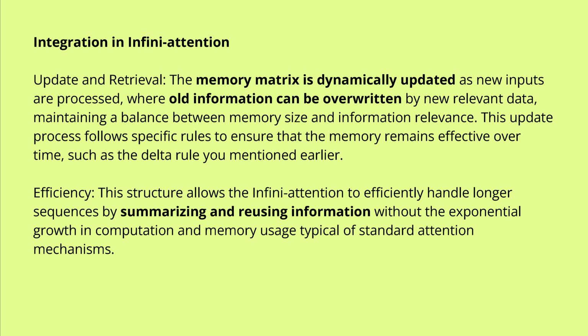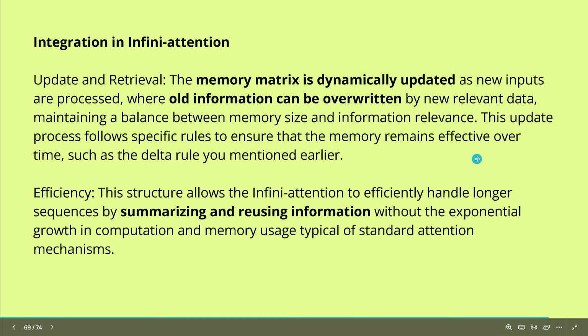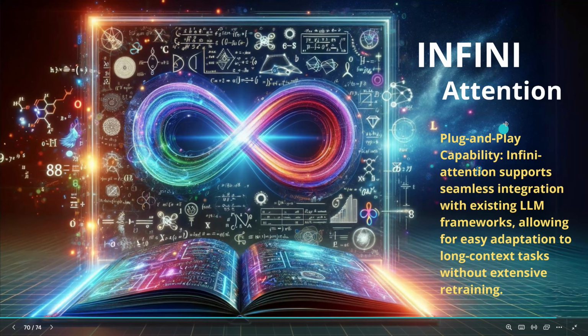So Google has found interesting equilibriums for particular tasks like book summarization. Therefore, this structure allows the Infini-attention to efficiently handle longer sequences by summarizing and reusing information, without the problem we have if we would refer only to the classical self-attention, where the complete complexity of all tokens to all other tokens gives us a quadratic complexity.